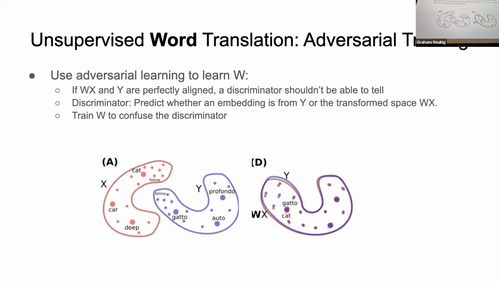What the adversarial objective does is try to prevent a model from being able to distinguish between X times W and Y. The idea is you want to move the spaces so close together that a sophisticated neural network, some sort of discriminator, is not able to distinguish between them. So that's the actual mechanism for doing the distribution matching.